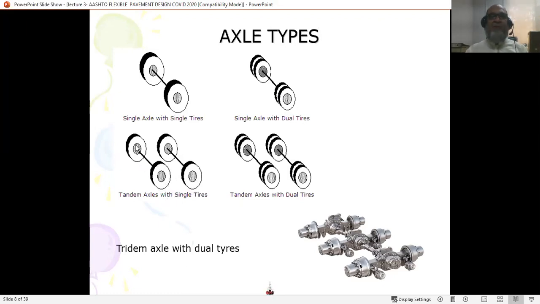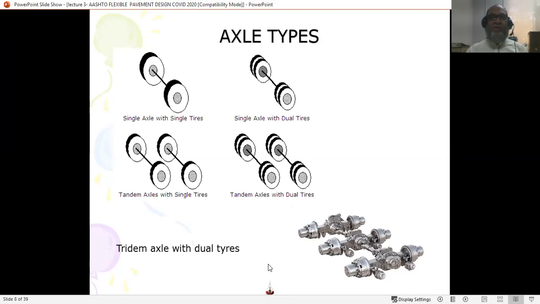There can be four tires on a tandem axle, but practically we have dual tires on each axle, which means a tandem axle generally has 8 tires. Then we have a tridem axle. This tridem axle has 12 tires.